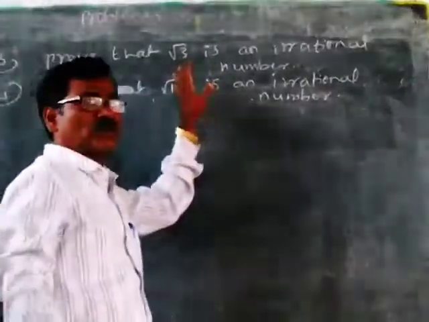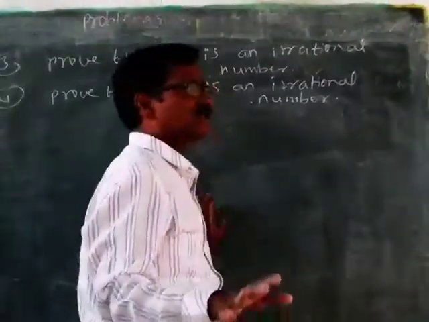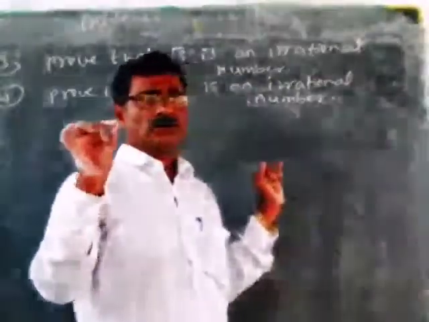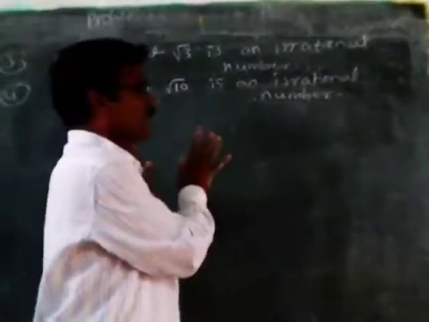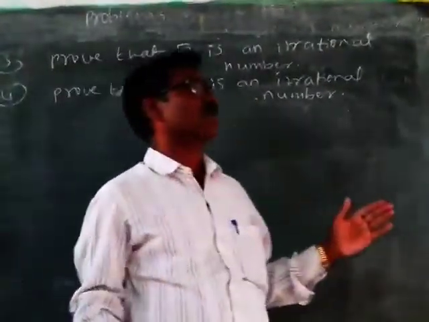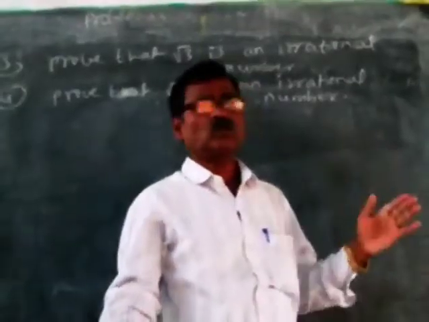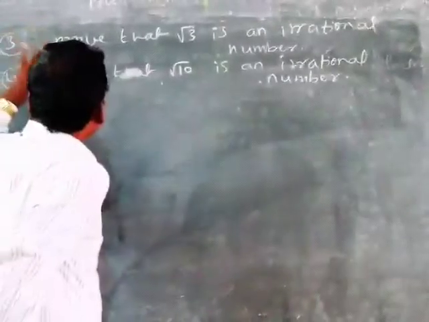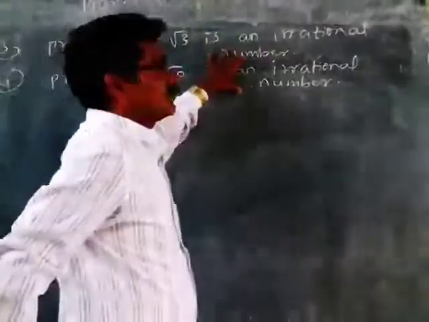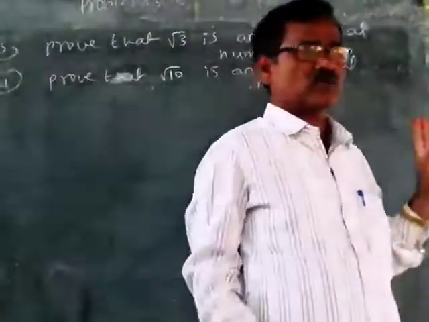Just write the remaining two problems in the classwork after understanding them. So these four problems, 1 and 2 that I did and the remaining 3 and 4, you have to solve in the classwork only.